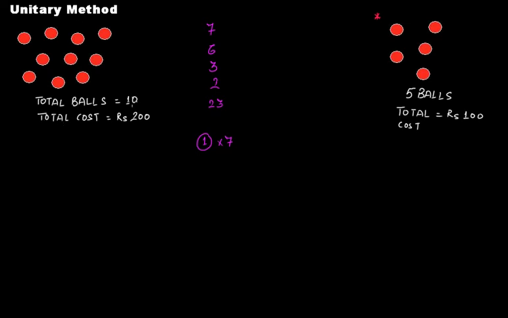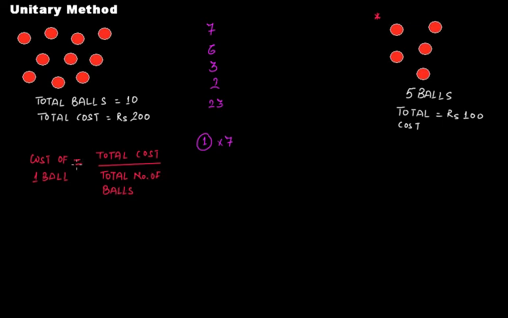If we have a total of 10 balls and the total cost is rupees 200, then the cost of one ball will be equal to the total cost divided by the total number of balls, right?